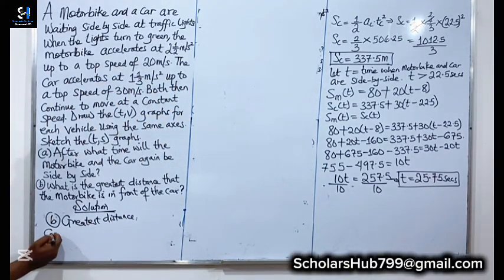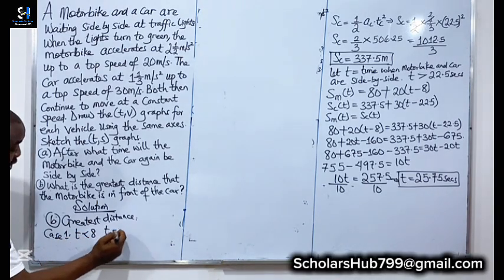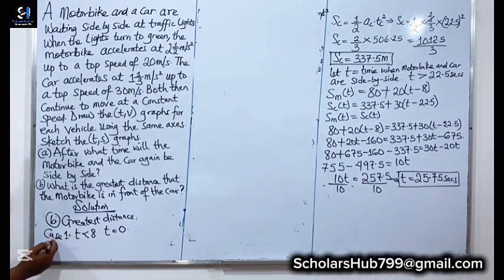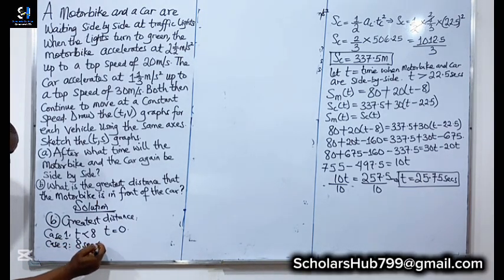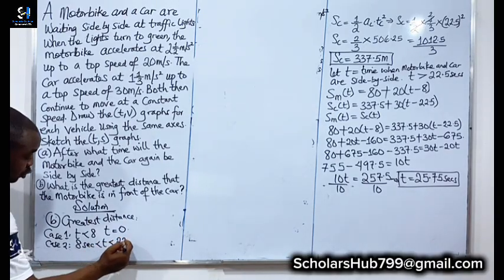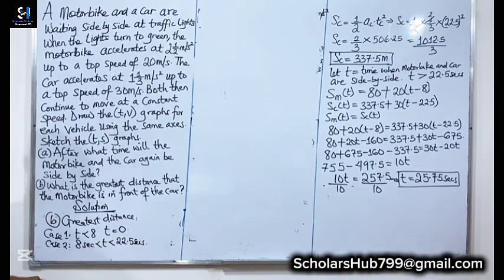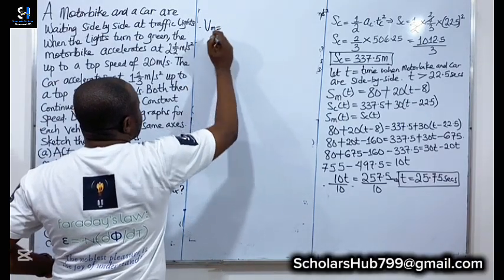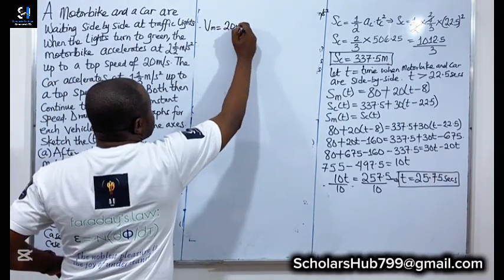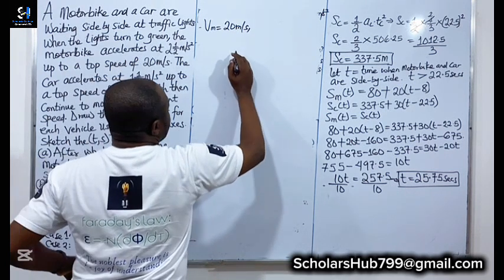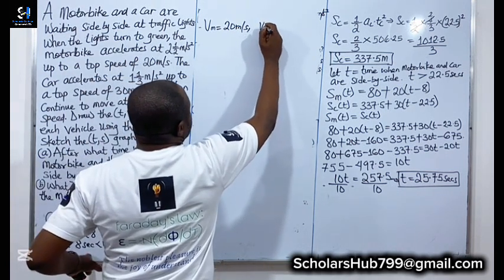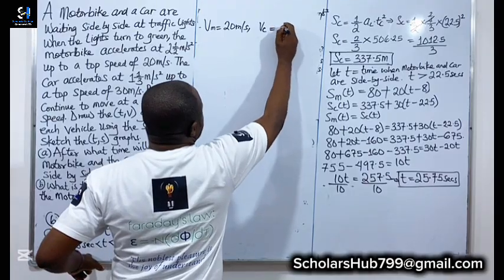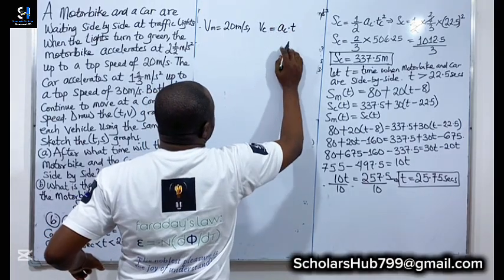Because if you consider case 1, when t is less than 8, definitely the distance will be equal to 0. Then case 2 is when we have 8 seconds less than t less than 2.5 seconds. In this case, the velocity of the motorbike is 20 meters per second, and the velocity of the car will be the acceleration of the car multiplied by t.